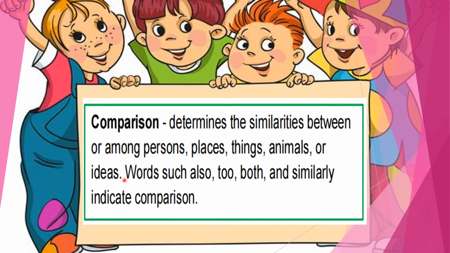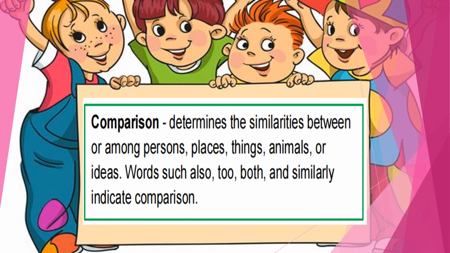Okay, everybody read. Comparison determines the similarities between or among persons, places, things, animals, or ideas. Words such as also, too, both, similarly indicate comparison. Okay, that is comparison or comparing information.